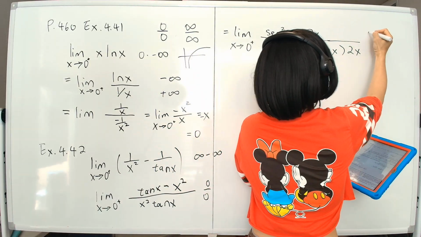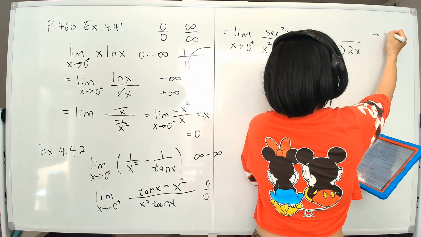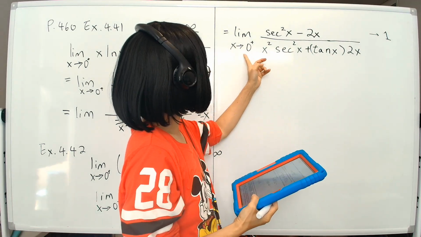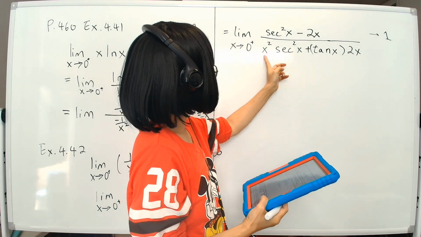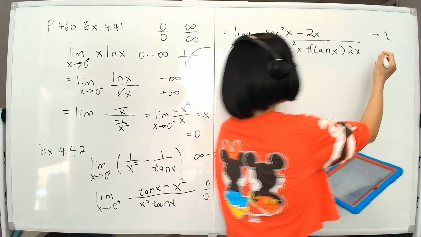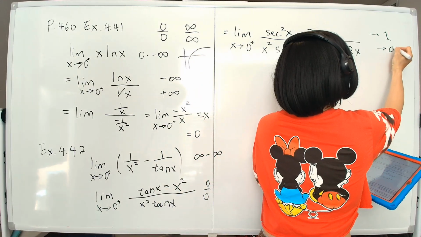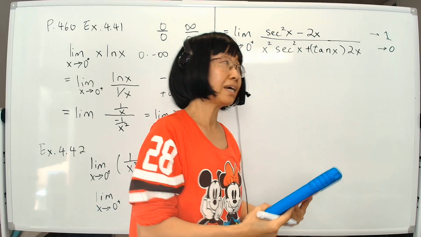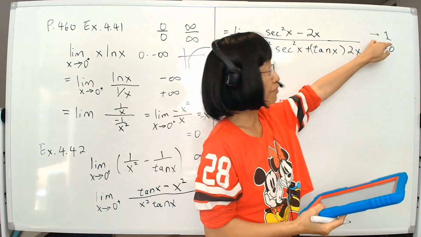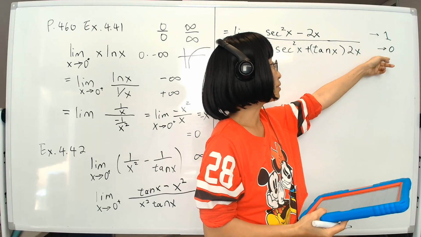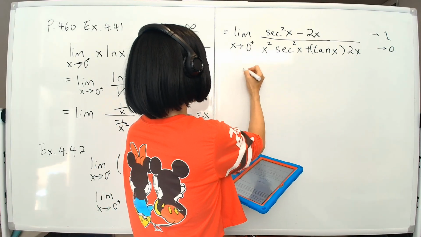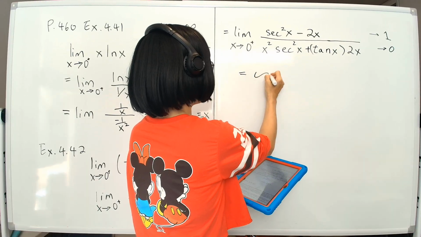As x approaches 0, the first thing is 0 here, and the second thing is also 0 here, so the bottom approaches 0. So at this point, when in a limit the top approaches a fixed number and the bottom approaches 0, then the whole thing approaches infinity. Therefore, this equals infinity.